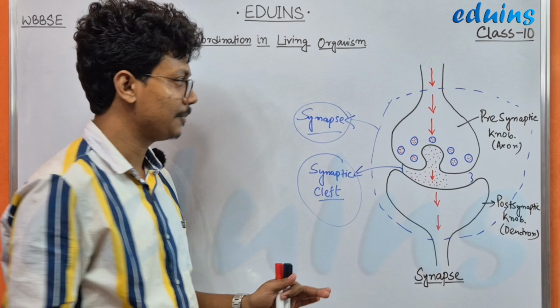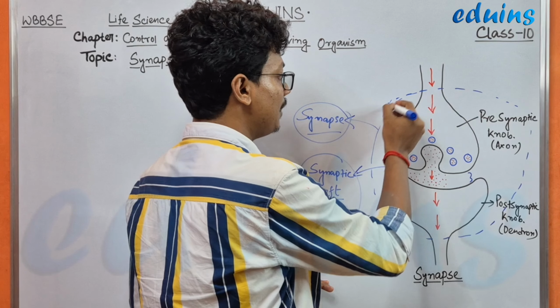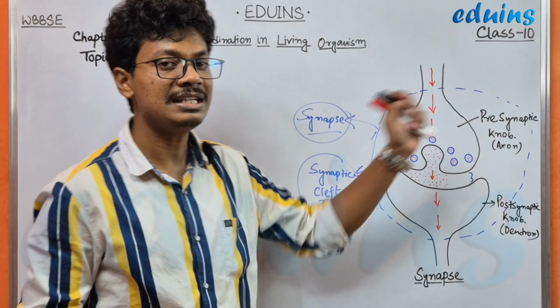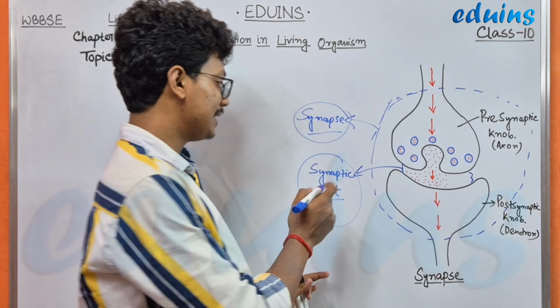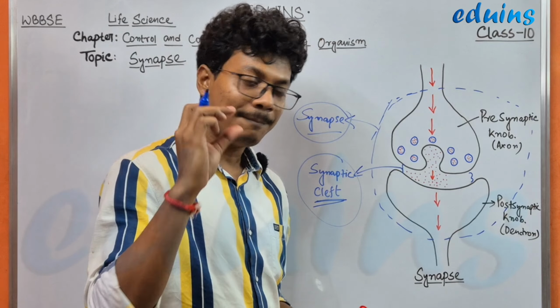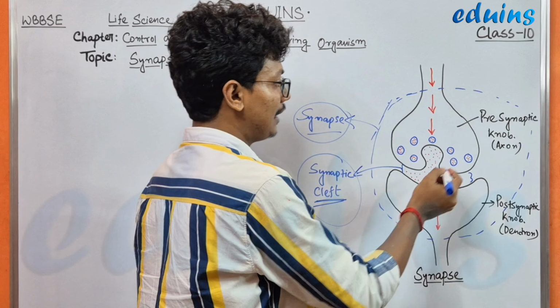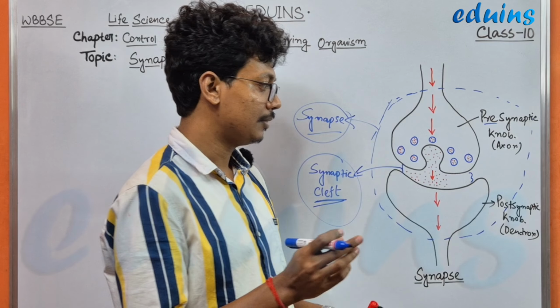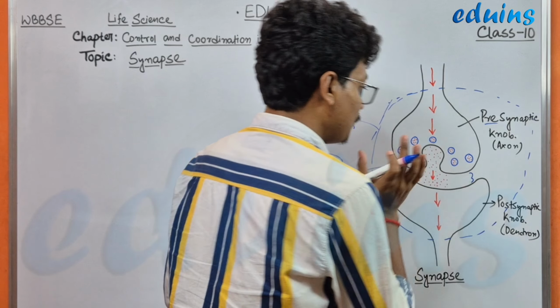That is incorrect. The synapse is actually made up of the postsynaptic knob and the presynaptic knob, and the synaptic cleft is the gap between the presynaptic and postsynaptic knob.